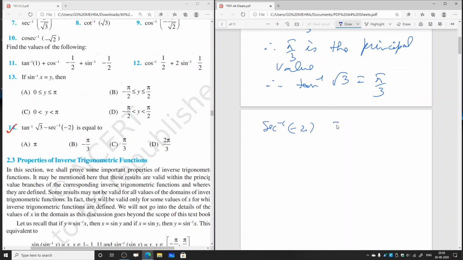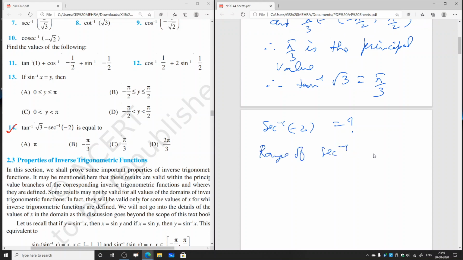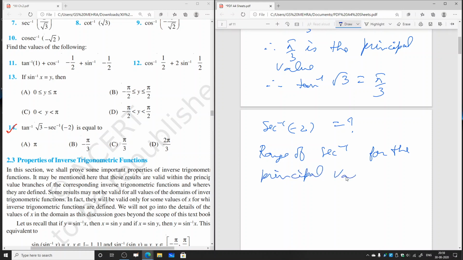First of all we will write down the range. The range of sec inverse for the principal value branch is the closed interval 0 to pi minus pi by 2, that is, minus the singleton set pi by 2.